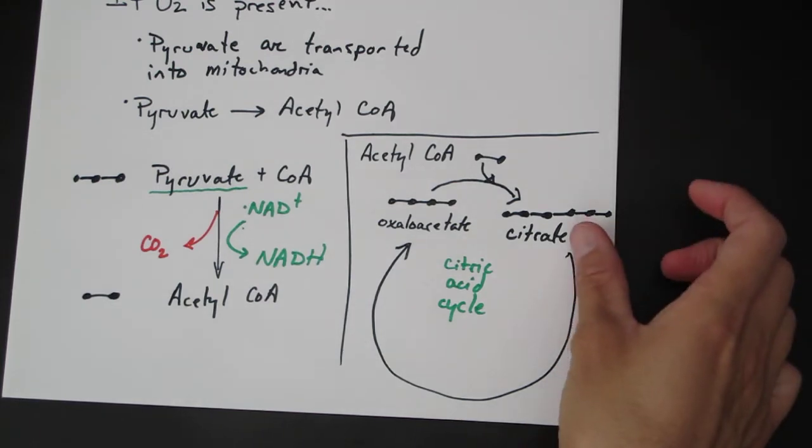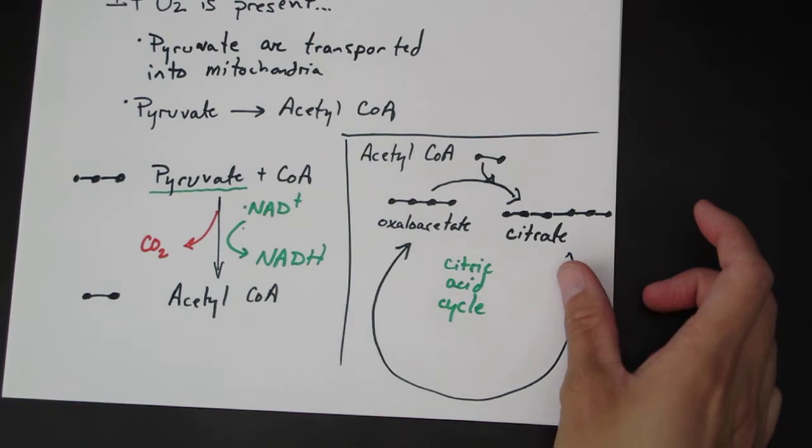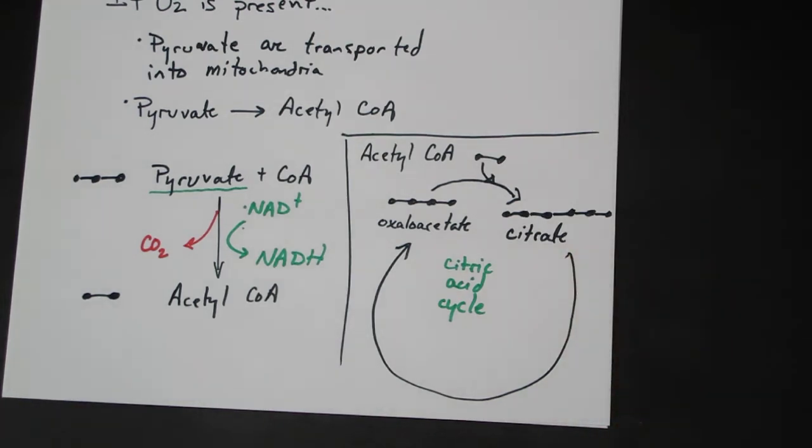So citrate gets converted to isocitrate, that gets converted to alpha-ketoglutarate, so on and so forth. I don't care that you learn those intermediaries. What I do want to do here is look at the details of what's coming out of this.